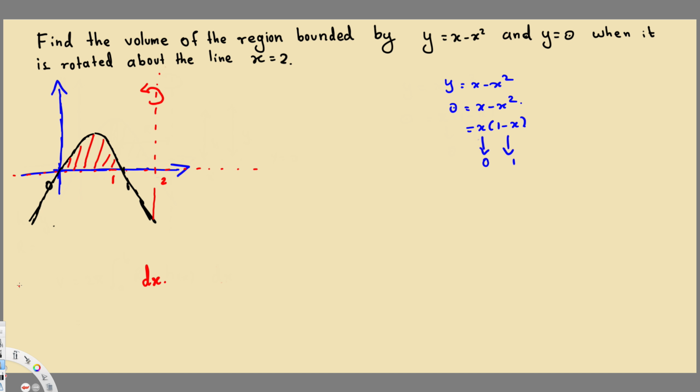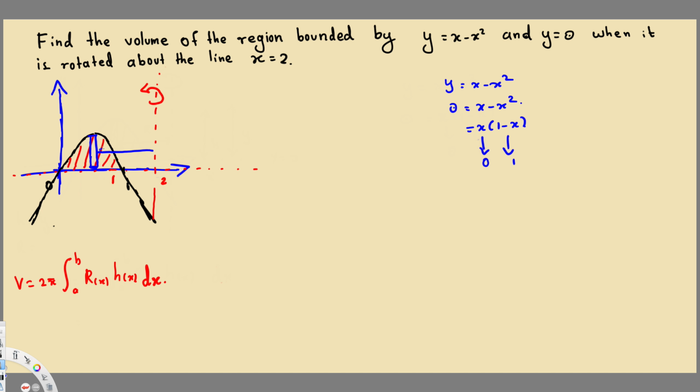So the equation is V equals 2 pi integral from a to b of radius in terms of x times height in terms of x, right? And whenever the rotating line is parallel to the y-axis, we draw a rectangle parallel to the y-axis, and the radius is the distance from the axis of rotation to this rectangle.